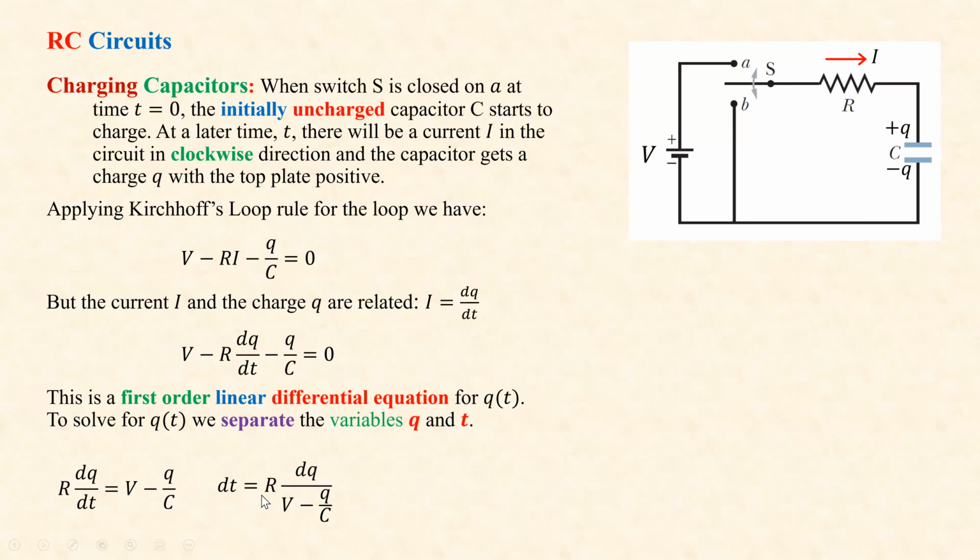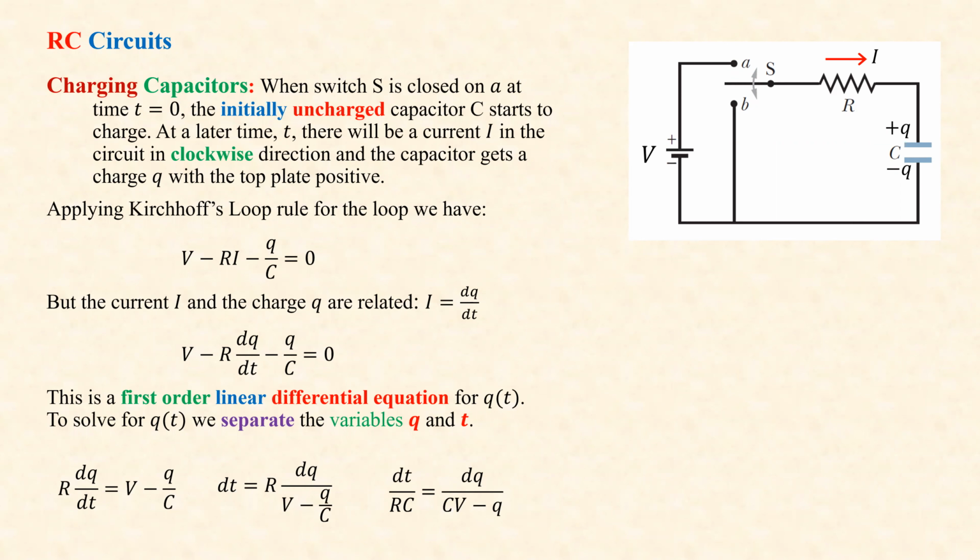To write this in a better way, we divide both sides of this equation by RC. So this R goes away and C comes here and multiplies, this becomes CV, and this becomes just Q. So we can write it this way: dt over RC equal to dQ over CV minus Q.